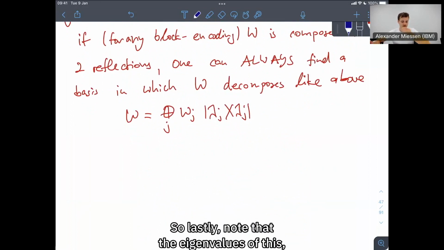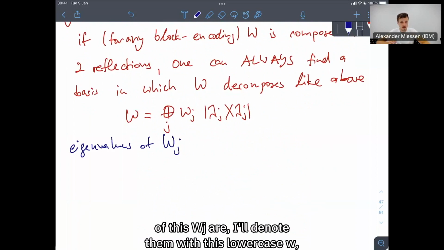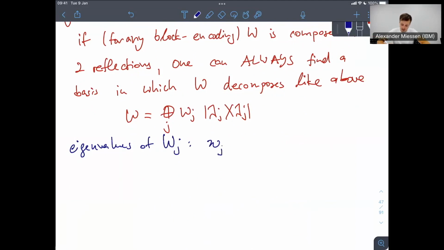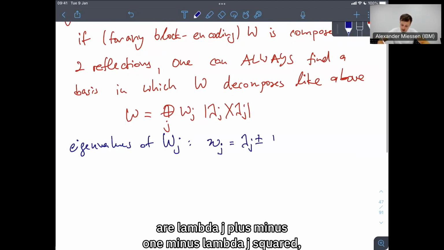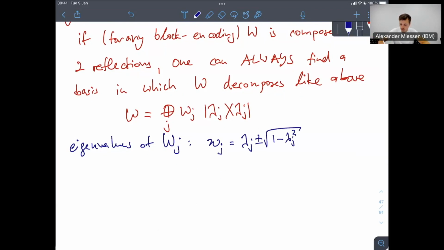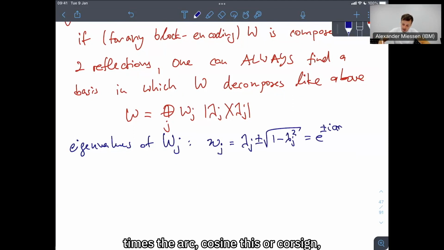So lastly, note that the eigenvalues of this w_j are, I'll denote them with this lowercase w, lambda_j plus minus i times the square root of 1 minus lambda_j squared, which is equal to the exponential of plus minus i times the arc cosine of lambda_j, okay?